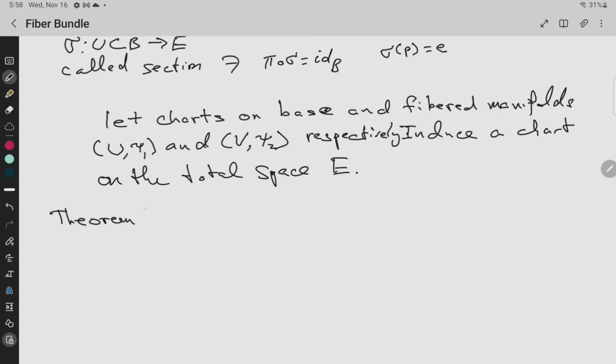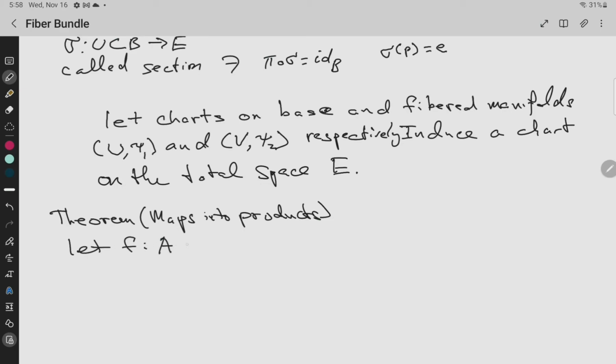All right, first we have to get some results from topology. This is a little theorem, and the title of it is maps into products.